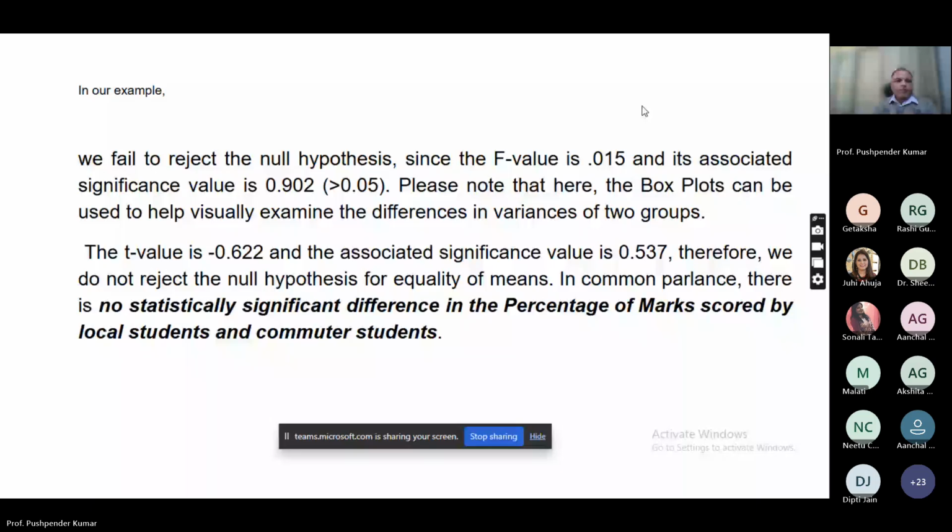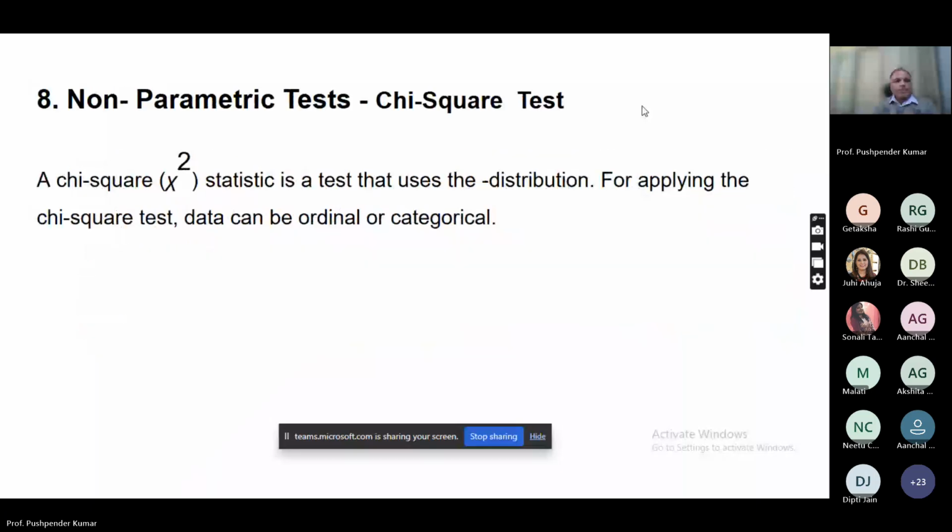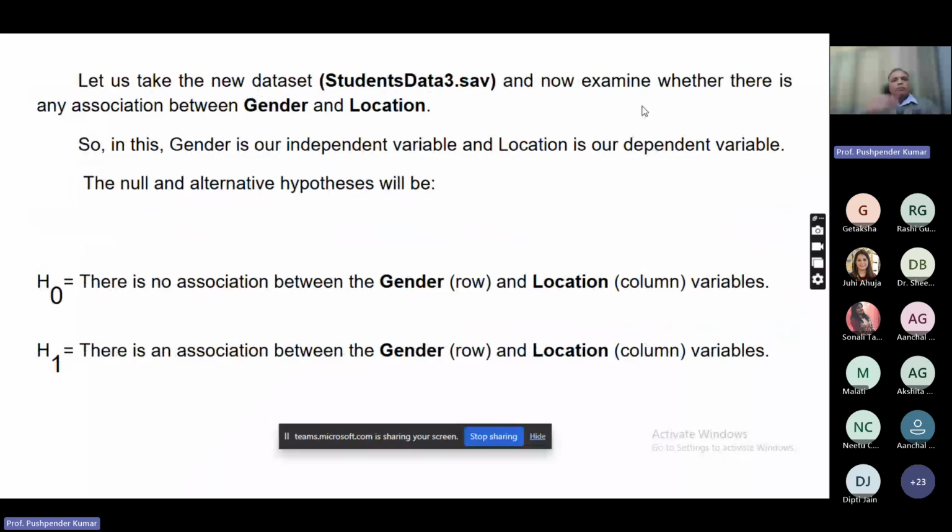Tell me. And this is your chi-square test, which we have already discussed. We can take the example of association between gender and location. Same student data, their gender and location. Is gender having any association with location? Because both are categorical variables. Right? Any doubt, anyone?